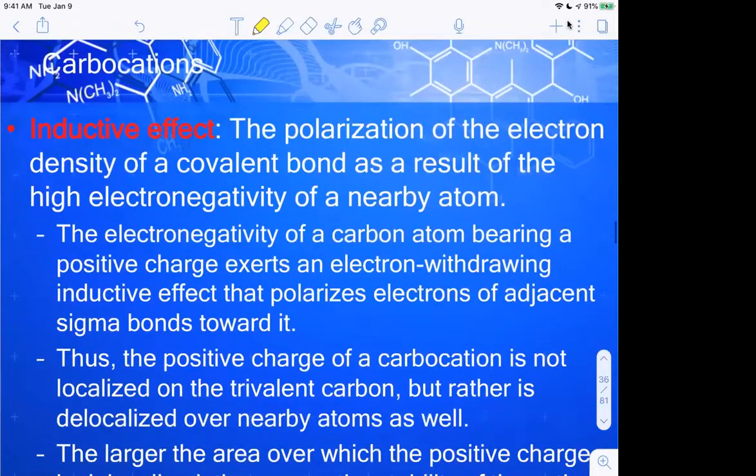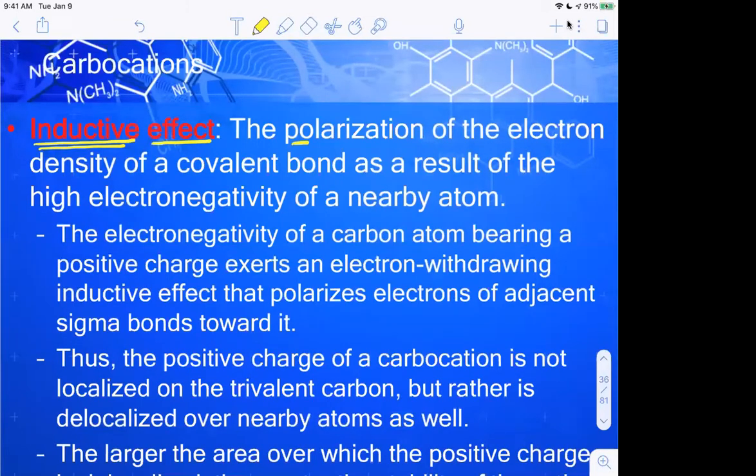Now, you might ask, why are my tertiary carbocations more stabilized than my primary and my methyl? That's because of this inductive effect that we spoke about in terms of acid-base chemistry when we used our ARIO to determine the acid strength of organic molecules.